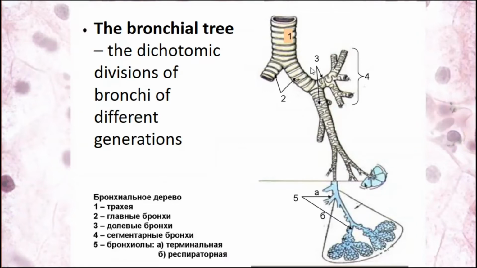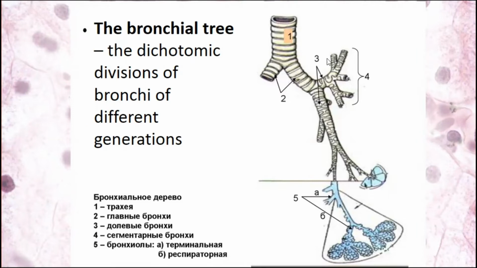Here we can see the principal bronchus, which ventilates, which supplies air to the entire lung. After that, it's divided into lobar bronchi. In the left lung, we have two lobar bronchi for upper and lower lobes, and in the right we have three lobar bronchi for upper, middle, and lower lobes.